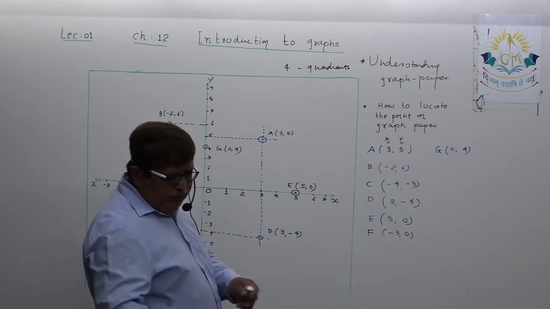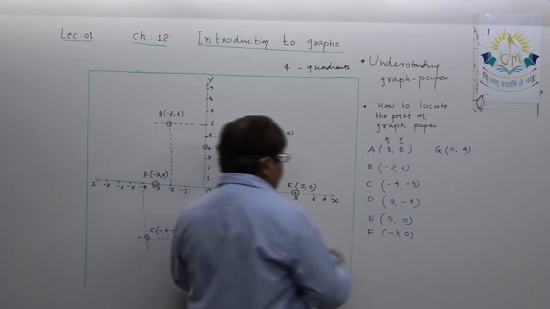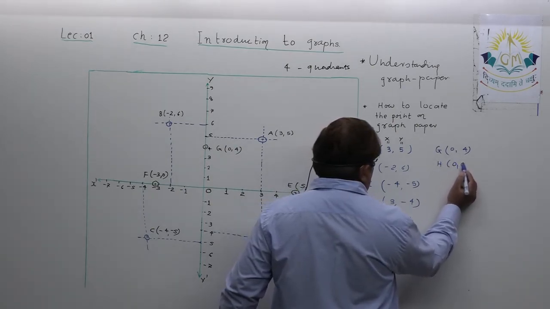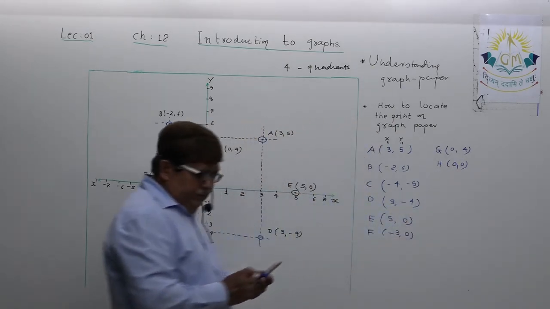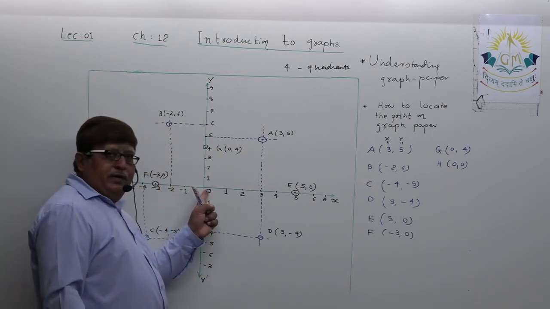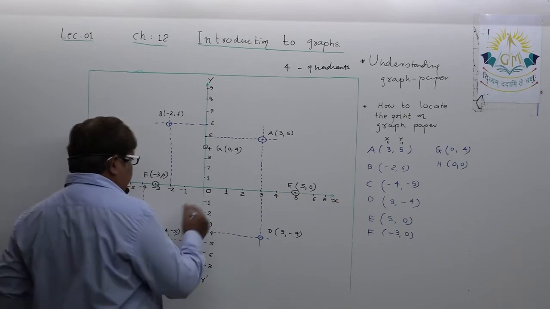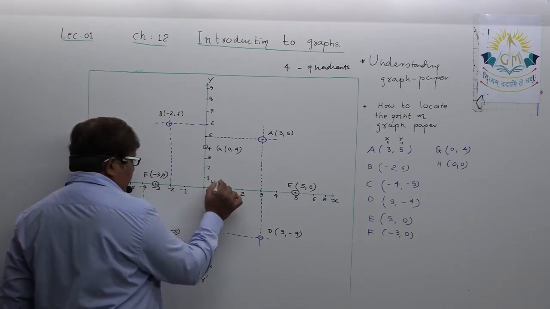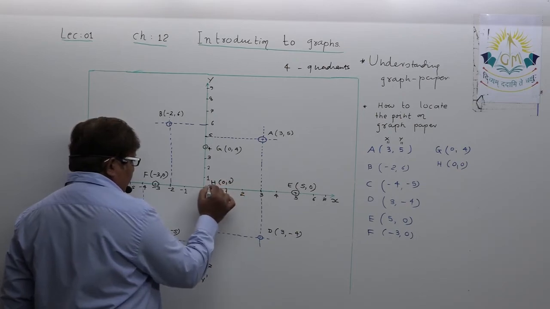One more point, dear student. Suppose H (0, 0). Can you guess? X coordinate is also 0 and y coordinate is also 0. So this particular point is actually here, H (0, 0). Actually it is the origin.